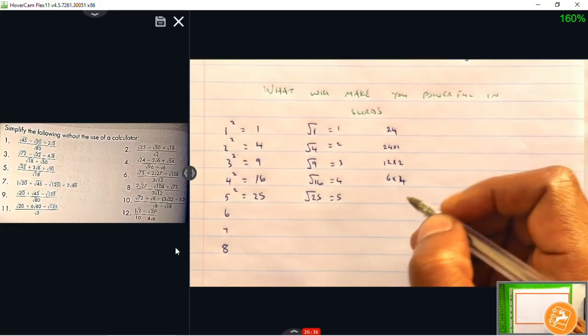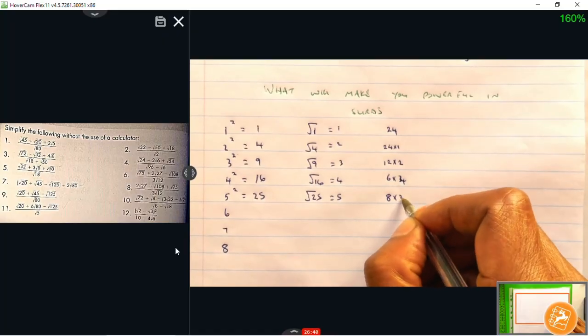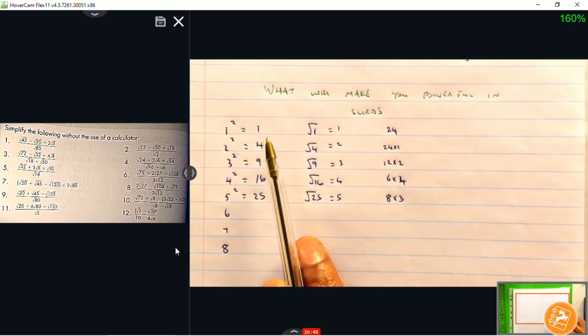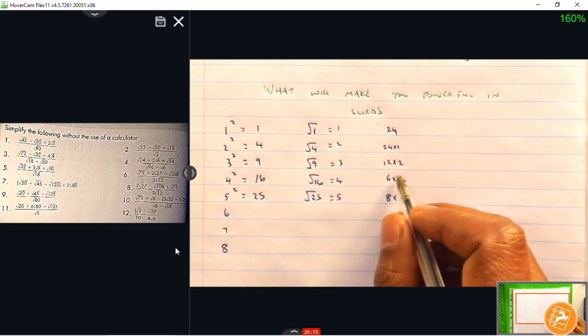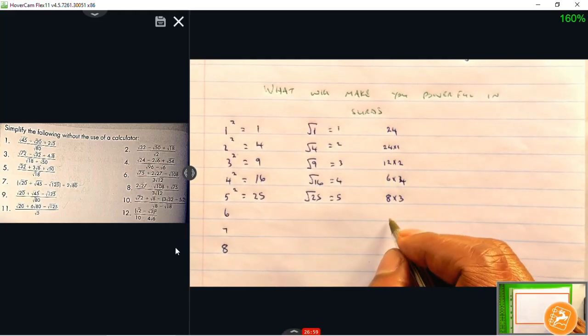Otherwise, I can make it into 8 by 3. Then, if I take any of these, which one has one of these perfect square numbers? That one. So if I can see that one, it means I can now change this number.